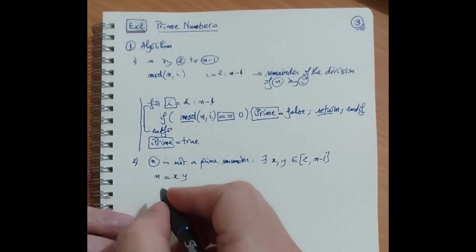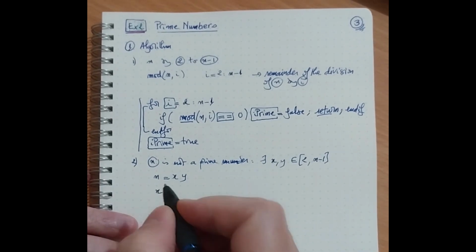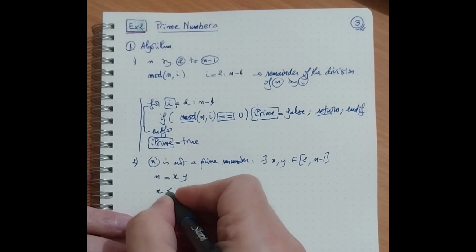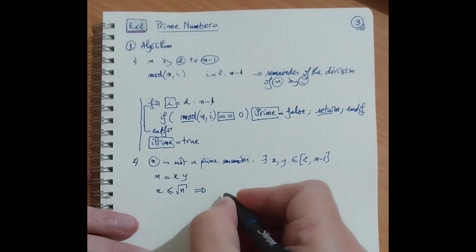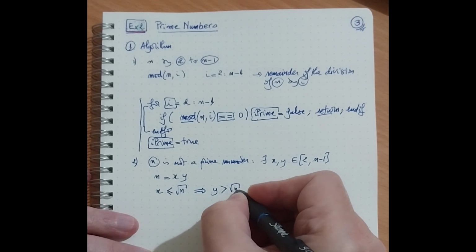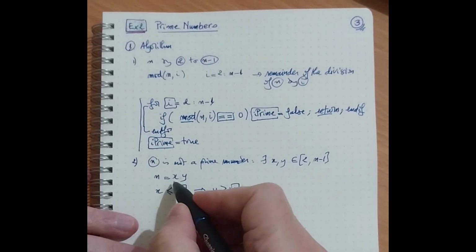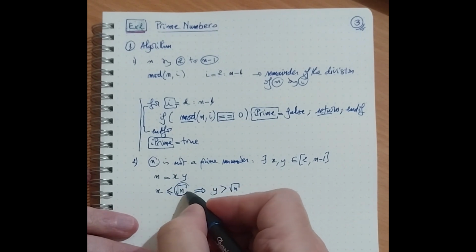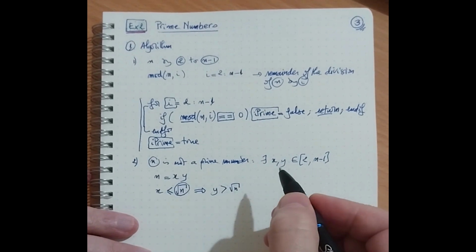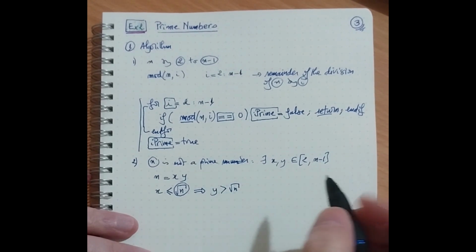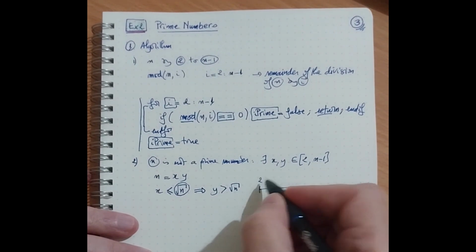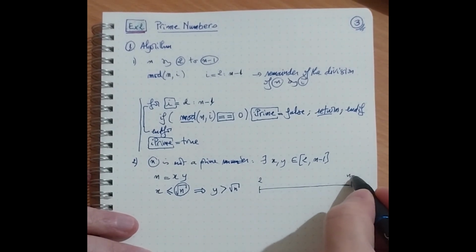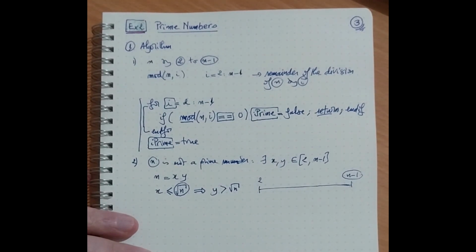And we can check that if x is less than or equal to the square root of n, then y is greater than the square root of n. If one divisor is smaller than the square root of n, then the other is greater than the square root of n. Always. So we have subdivided the range from 2 till n minus 1 into two sets.